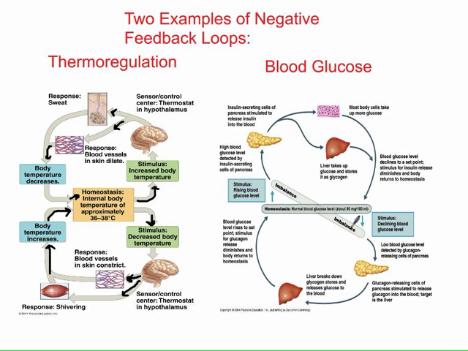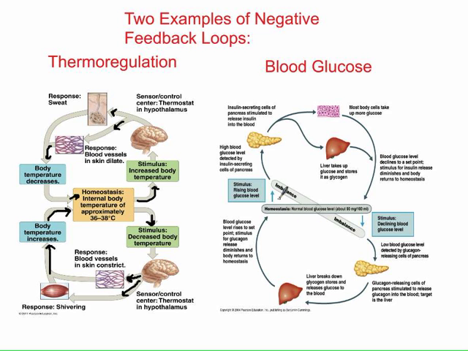If blood glucose level decreases, then glucagon is released, and that will cause the stored glycogen to be turned back into glucose, and now your glucose levels are increasing, and homeostasis is being maintained.